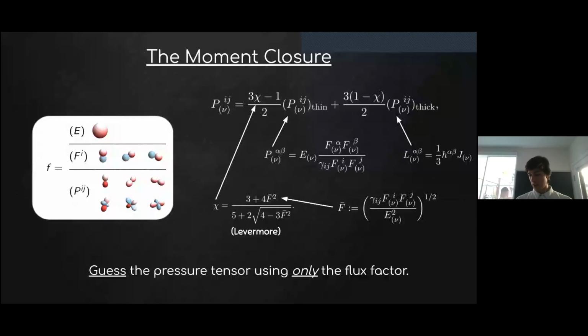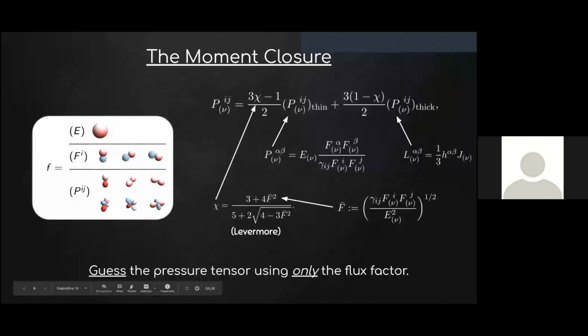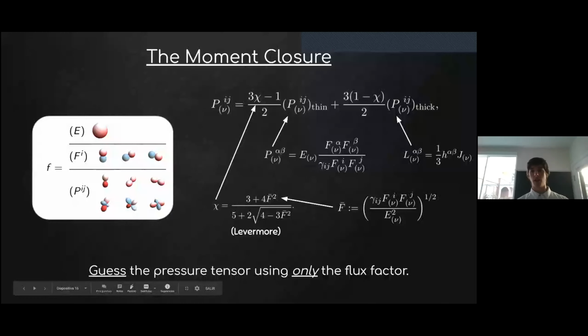So to make this efficient, what's generally done is, in order to guess what these higher rank moments are, people say, well, I know what the pressure tensor is in the case of a completely optically thin limit, because all the radiation is moving in one direction. And so it's very easy to say that the pressure is the same thing as the flux because all the radiation is moving in one direction. It's pretty simple.